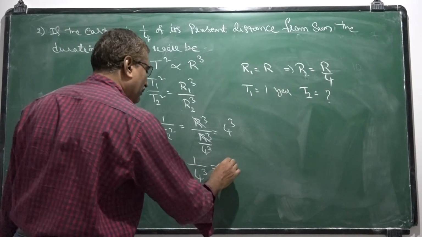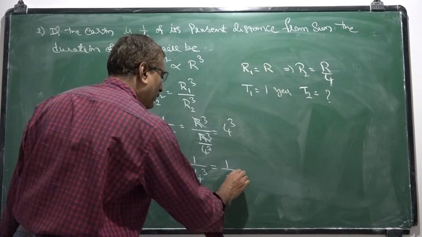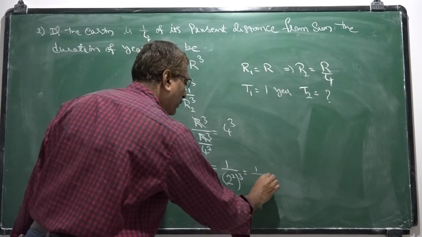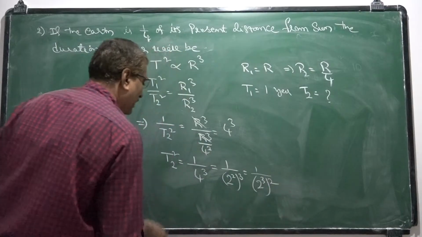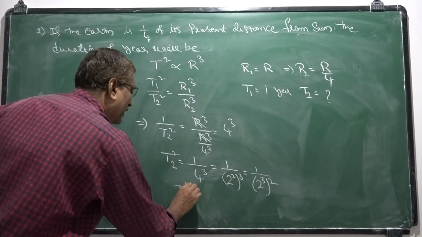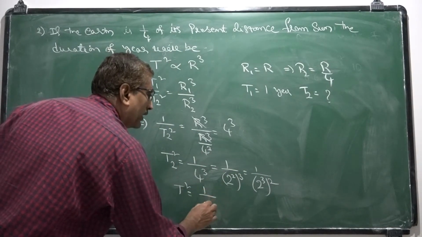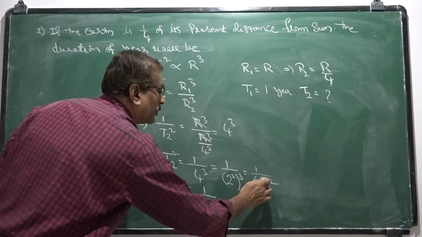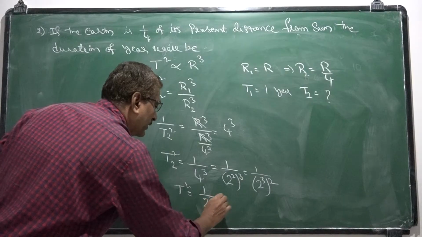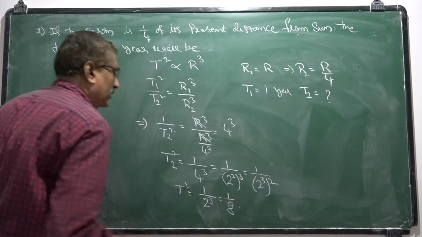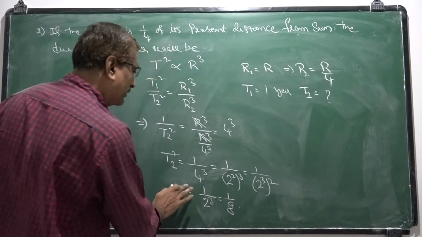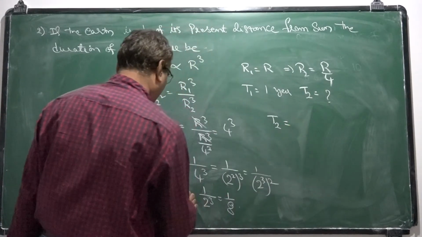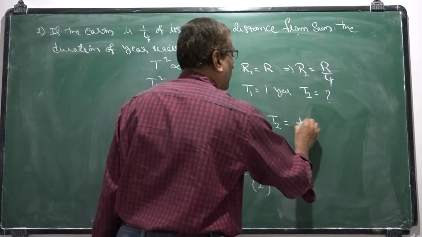We can write it as 1 by 2 square whole cube, or 1 by 2 cube whole square. So T2 square is equal to 1 by 2 cube, that is 1 by 8. Sorry, T2 is equal to 1 by 8 of a year.